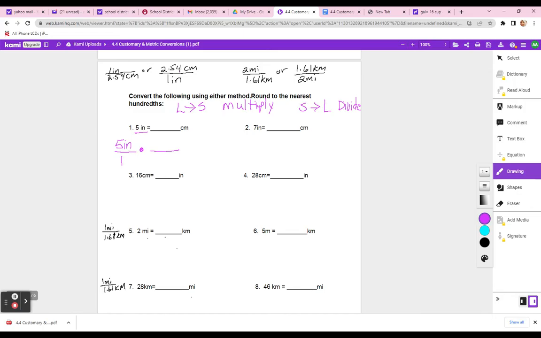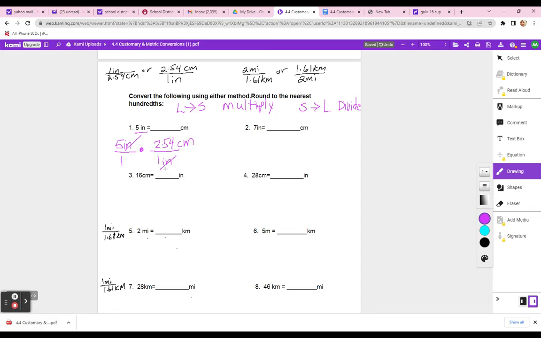How do you know which version of these two? Okay, since we want the inches to divide out, we want the one that has inches on the bottom. So that means we're going to have to use this version of the conversion factor. So we're going to have 1 inch here on the bottom and 2.54 centimeters on top. So now the inches will cancel because they're on opposite sides.